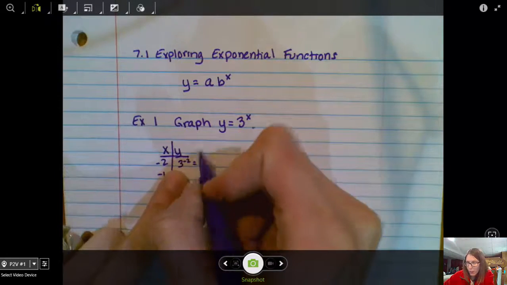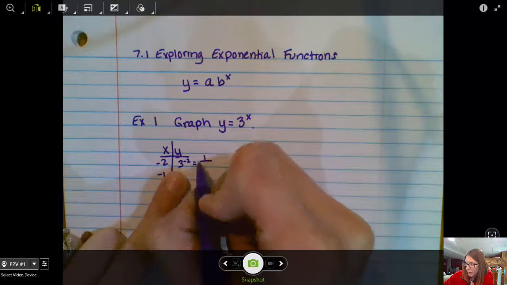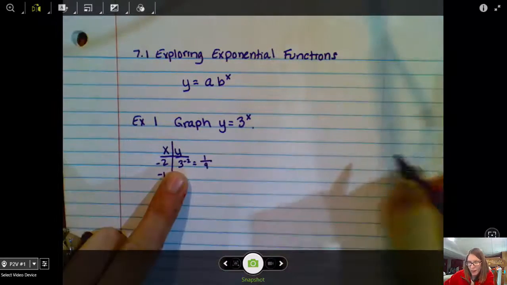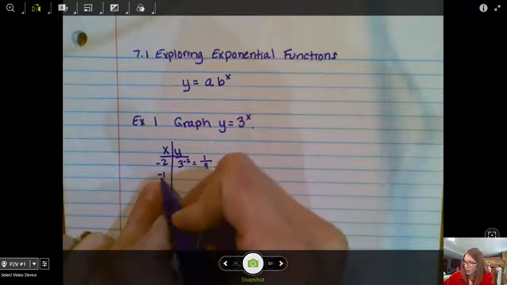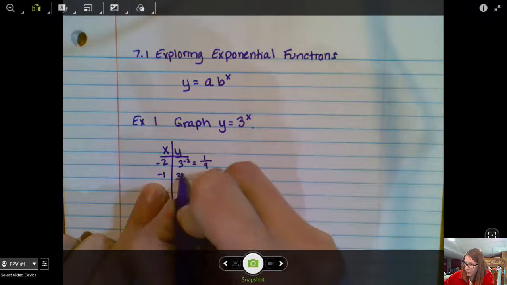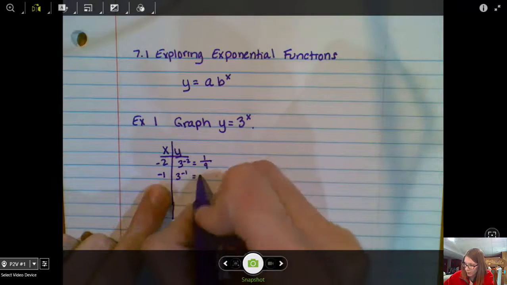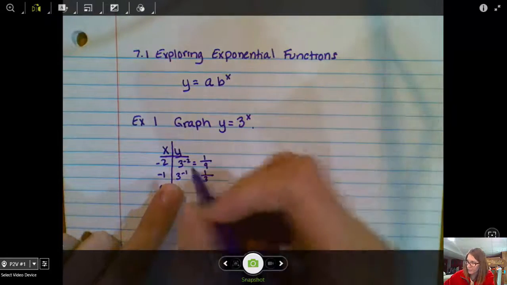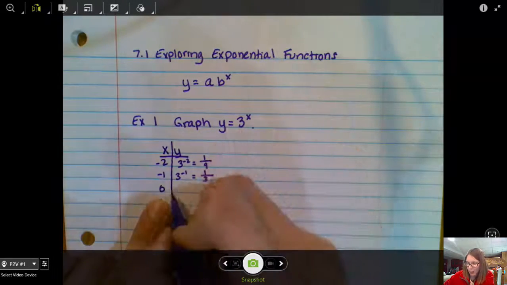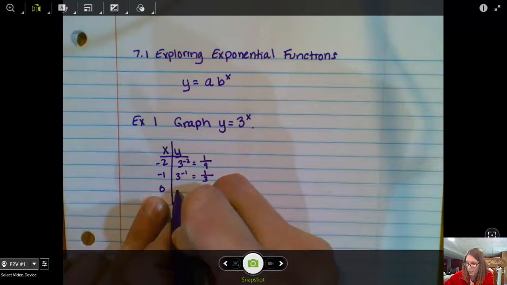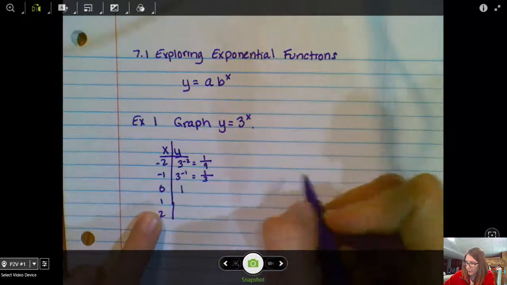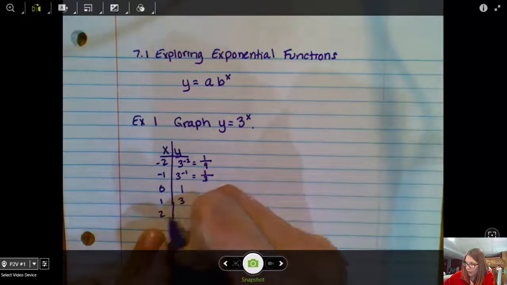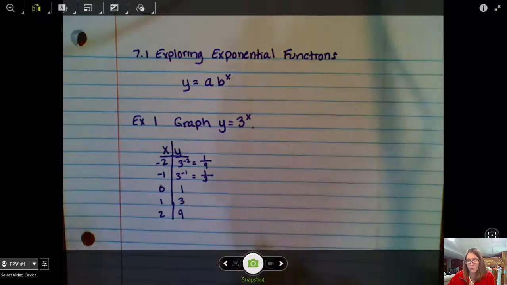Remember, negative exponents make this be 1 over 3 squared, which is 1/9. 3 to the -1st power would be 1 over 3 to the 1st power, which is 1/3. 3 to the 0 power, remember that anything to the 0 power is 1. 3 to the 1st power is 3, and then 3 to the 2nd power is 9.